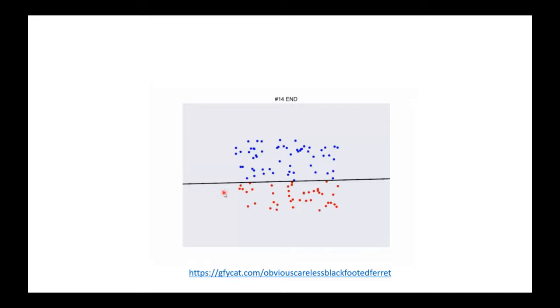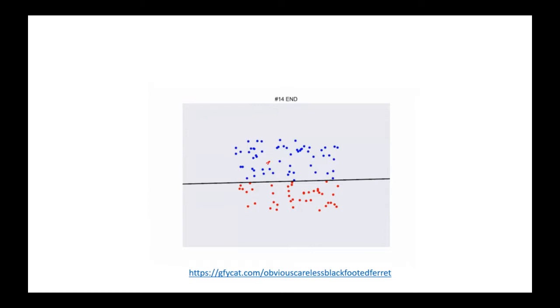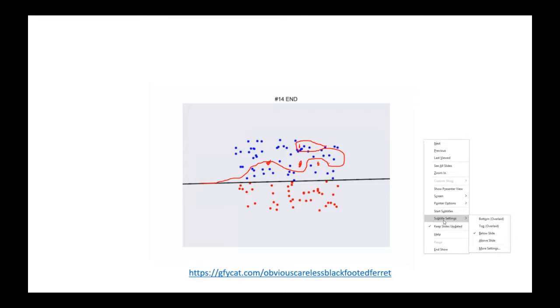So, for instance, let me get another point. If you have something like that with red points spread out, where instead of a straight line you'd have to find some sort of nonlinear function, you're going to need thousands of examples. But for this kind of example, the perceptron won't solve your problem.